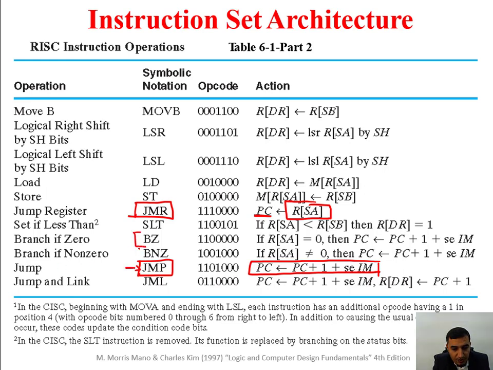So this is branch if 0, branch if not 0, and unconditional branch. This one is jump, where we load a new address, and this one is jump and link. In jump and link, we jump unconditionally, but we save our current location in RDR. We have a way to go back, and this is very useful. If you recall, when we talked about assembly language, when we called a subroutine, this is very useful for the return instruction.